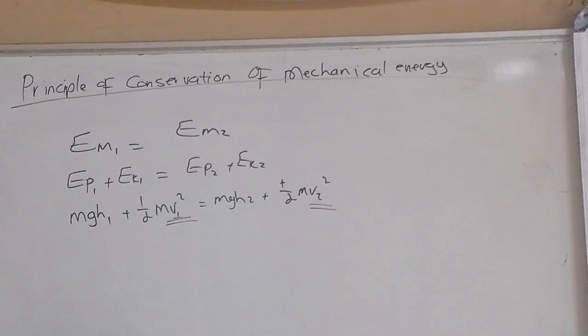So they will ask you to define the principle of conservation of mechanical energy, then you define it. In question 1, for an example, they will ask you to define the principle of conservation of mechanical energy.